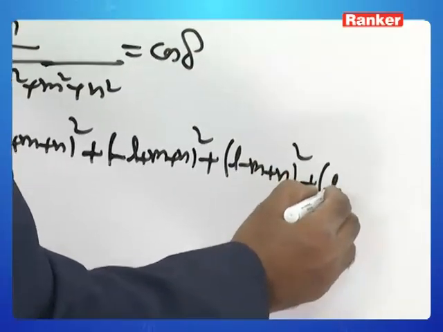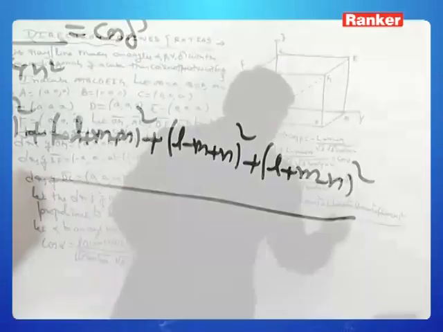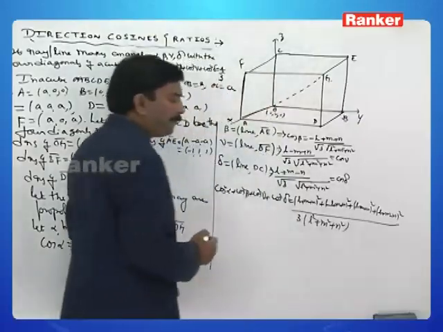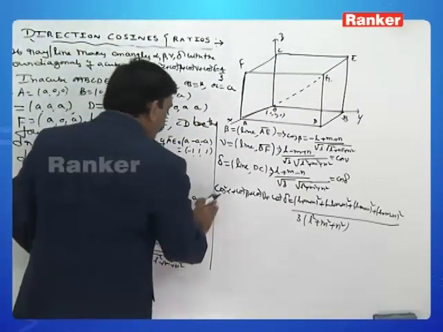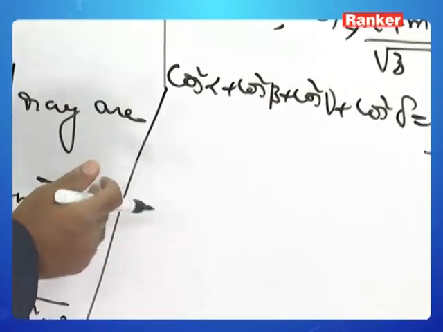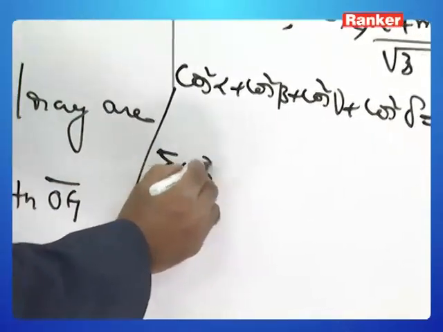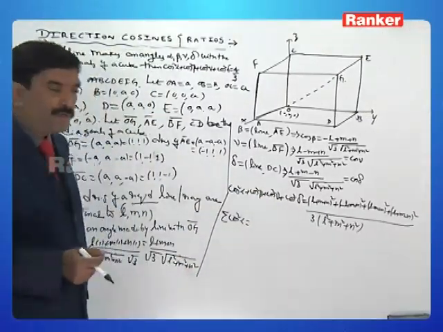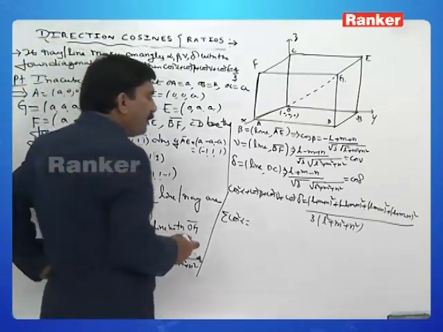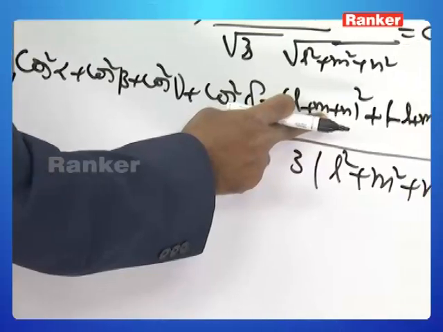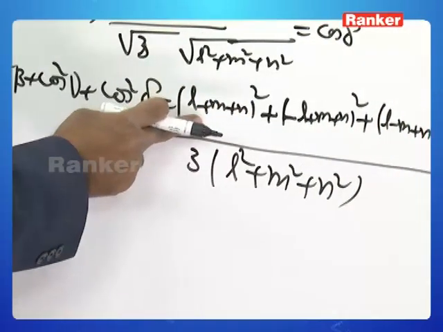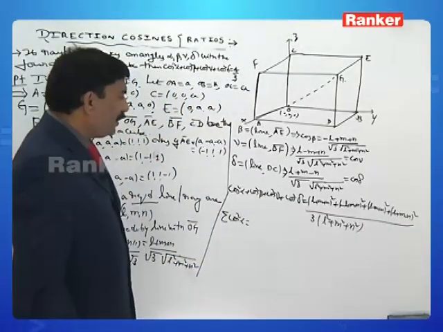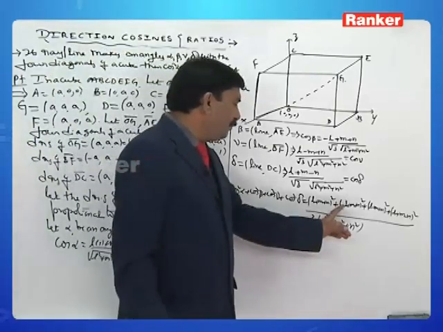This is L plus M minus N whole square by 3 into L square plus M square plus N square. Right. So therefore I can write this one as sigma cos square alpha. Instead of writing all the 4 angles, I can write in sigma notations. So therefore what is that? Come on, expand this. A square plus B square plus C square plus 2AB plus 2BC plus 2CA. Correct? Followed?